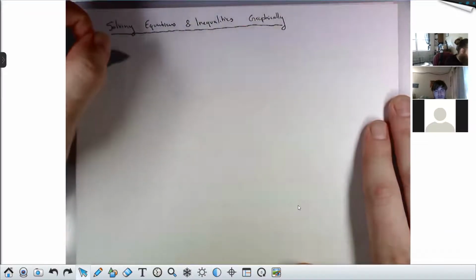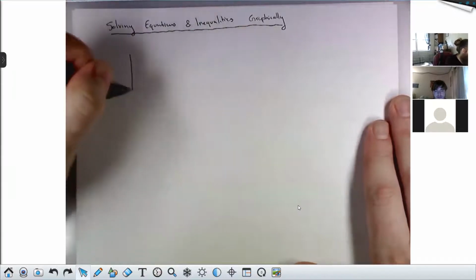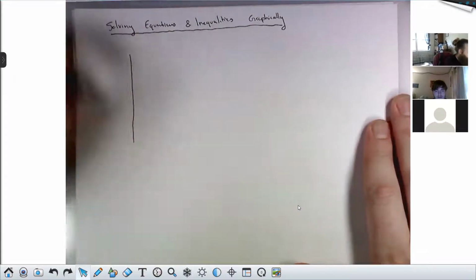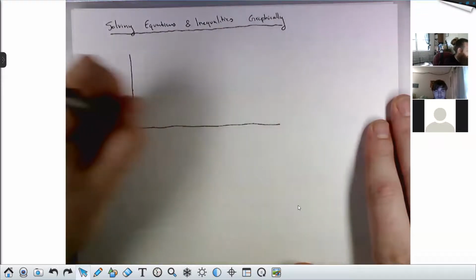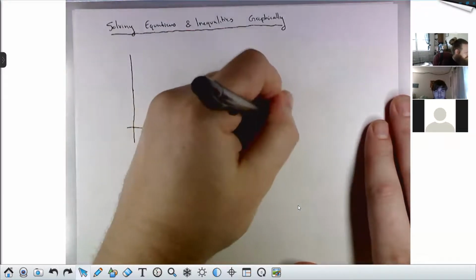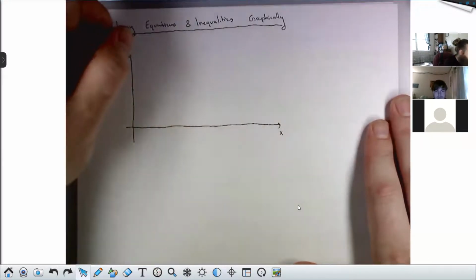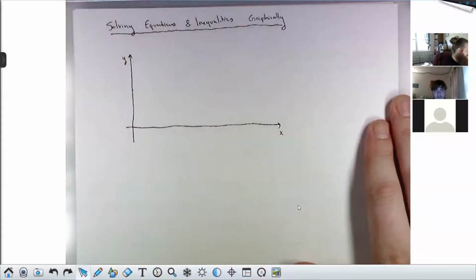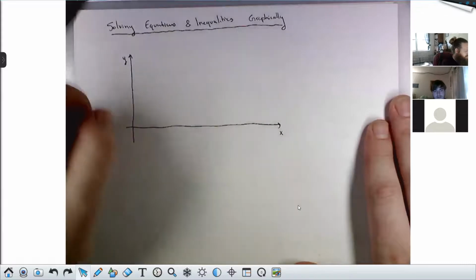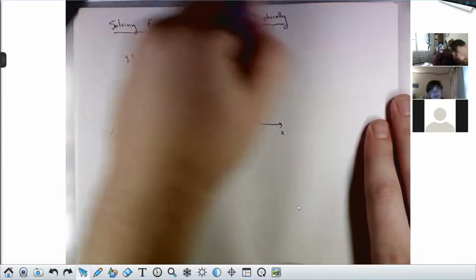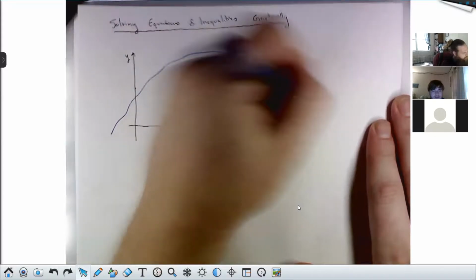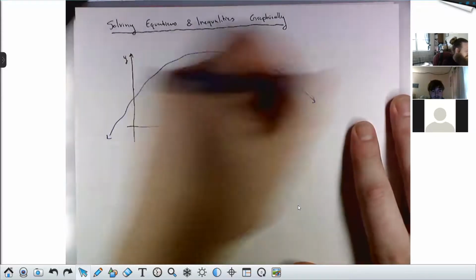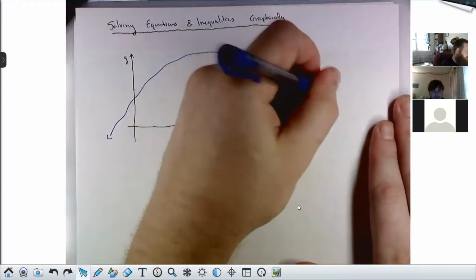All right, I'm going to draw a generic picture here. So my x-axis, this will be my y-axis. And then in blue here, I'm going to draw a function which I'll call g of x.